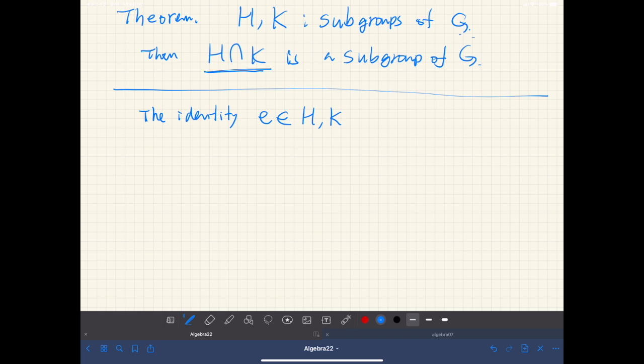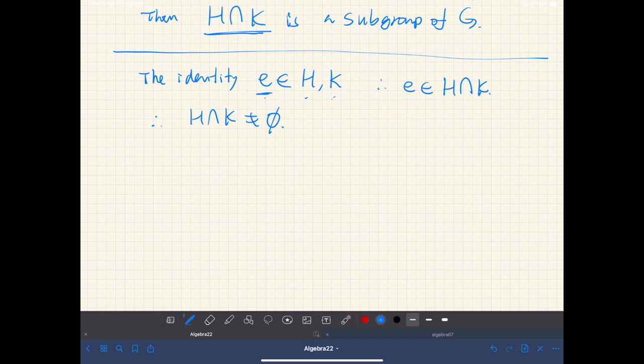So identity element is always an element of any subgroup. Since this identity element belongs to both H and K, therefore e belongs to H cap K. Therefore, H cap K is not empty.